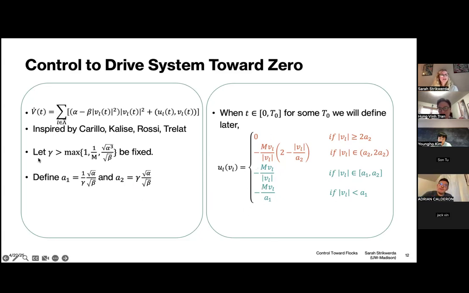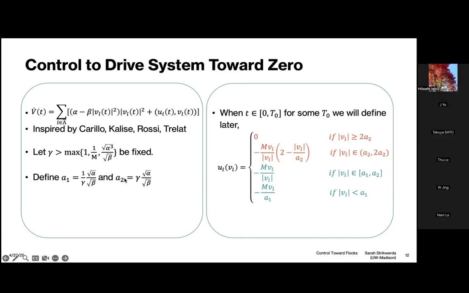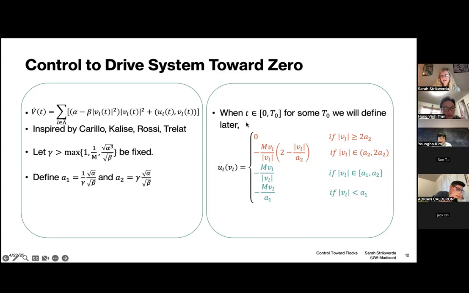And so basically what we have here is a gamma that's going to be greater than the max of these things. And then we'll have an A1 and an A2 based on that gamma. And so when t is in this interval for some t naught that we'll define later, we're going to say that our control is 0 if VL is greater than or equal to 2a squared.